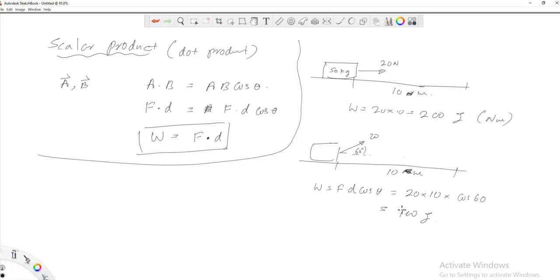So the amount of good work you did is 100 joules. If you compare this 1 and 2, over here the object will be moving at a much higher velocity. It will reach this point faster, quicker. Over here it will be moving at a smaller velocity.